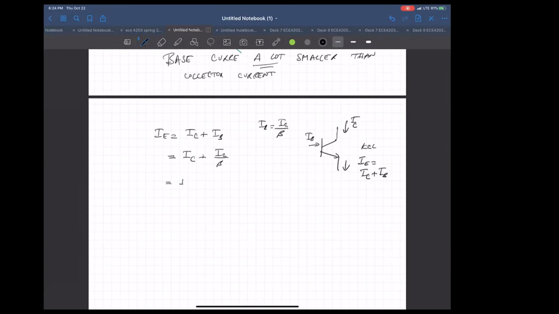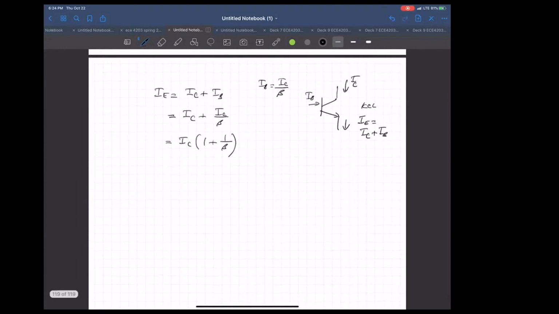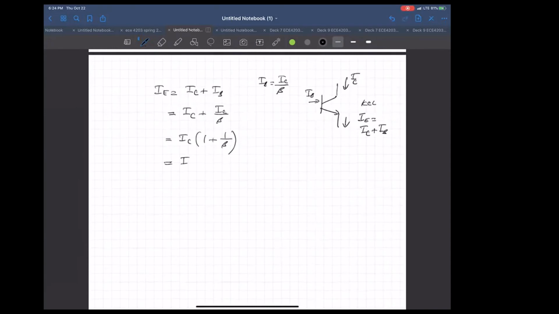So this is equal to I sub c times (1 plus 1 over beta). Let me rewrite this: I sub c times (beta plus 1) over beta.